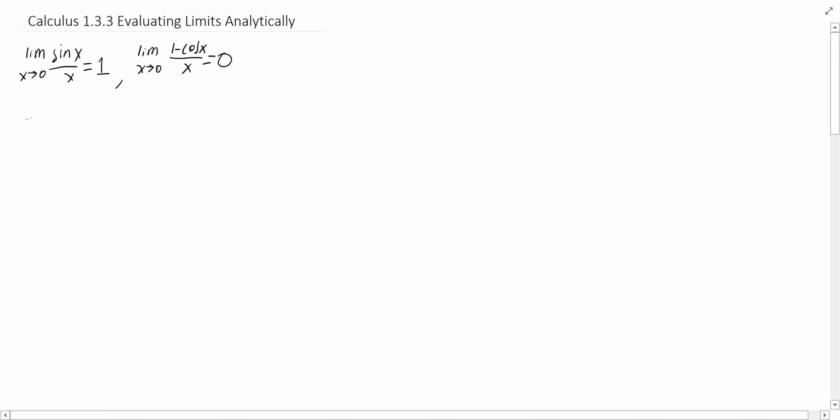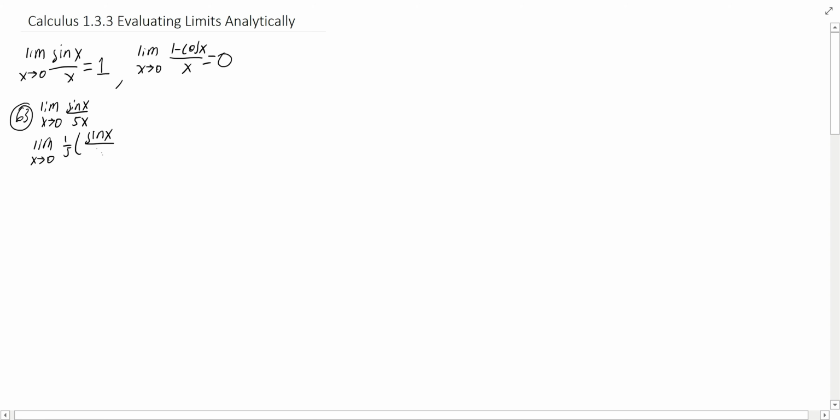So the first question that we're being asked to evaluate is question 63. In 63, we're looking at the limit as x goes to 0 of sine of x all over 5x. Right away you can see that there are some tie-ins from this problem to the first trigonometric limit. We can say the limit as x goes to 0 is really just 1/5 times sine of x all over x.